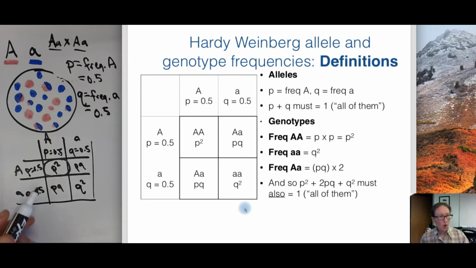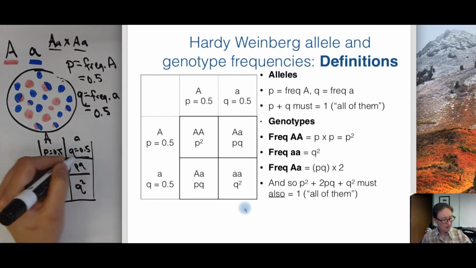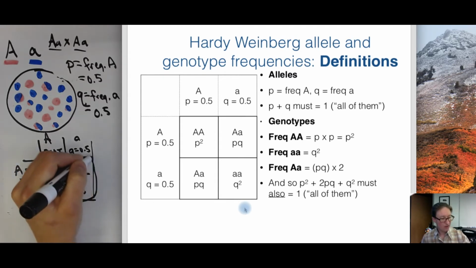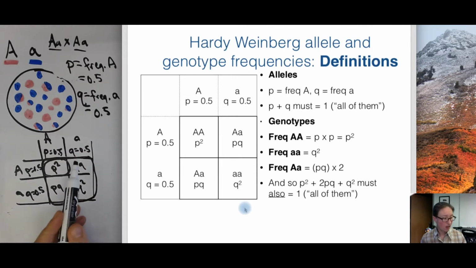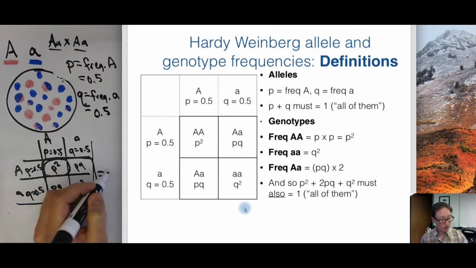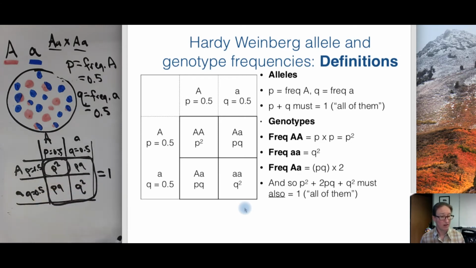One other principle that's also going to be true is if we add together the frequencies of these different genotypes, the total will equal 1. In other words, all of them will be accounted for. So there are two mathematical relationships here.